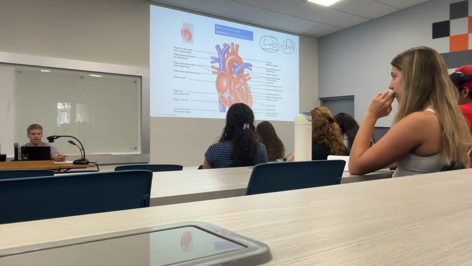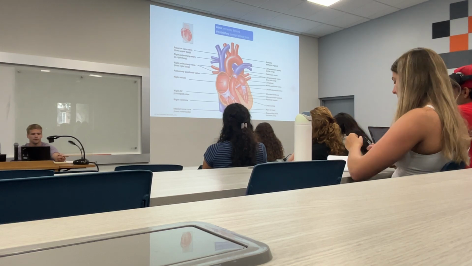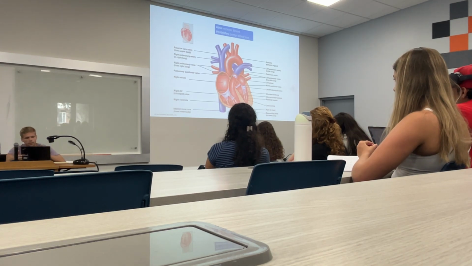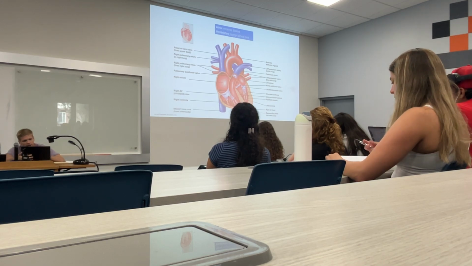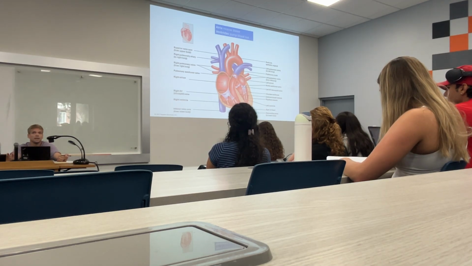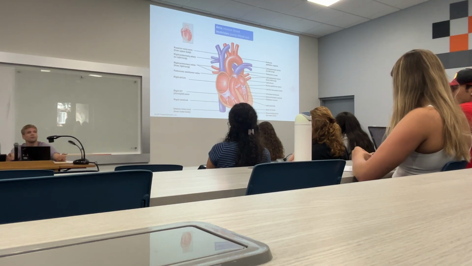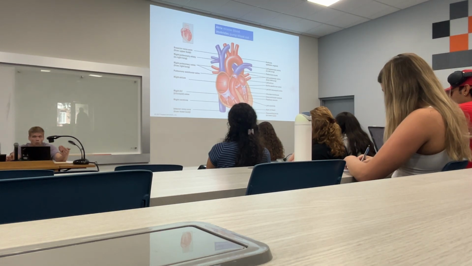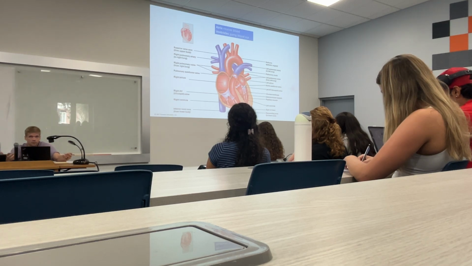Now, if you think about a heart murmur, I know I mentioned this, but one more time, you would have to have damage to one of these valves, and it could be to any one of these. It could be to the bicuspid or the tricuspid valve, or it could be from the pulmonary or aortic semilunar valve.